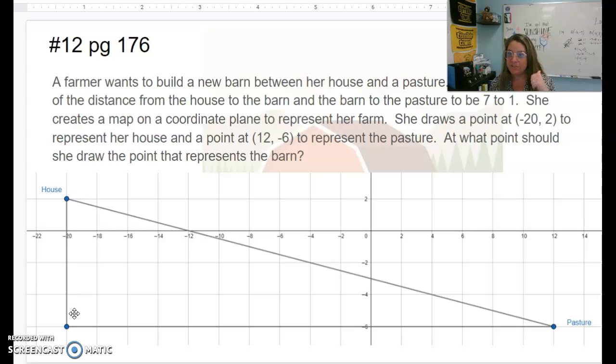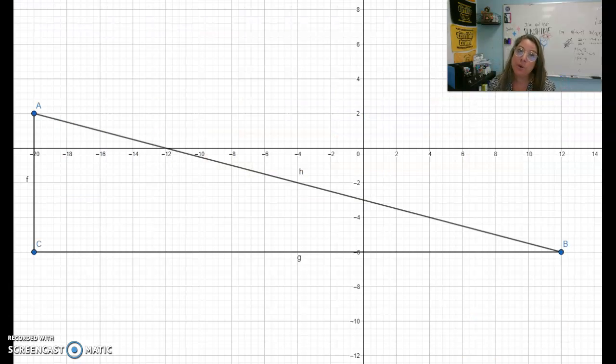When we divide by 8, we get 1. This being a 32, when you divide by 8, you get a 4. So on this particular coordinate plane, we're going to go down 1 over 4. Here's our first partition. So that's 1. Down 1 over 4, there's our second partition.